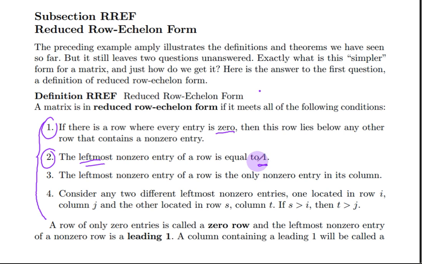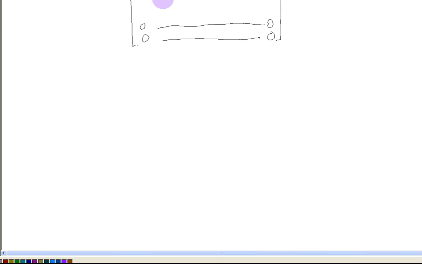So, for instance, if this first row has a non-zero entry, it's not necessarily the case that the first column has a non-zero entry, but if this row has a non-zero entry, the first non-zero entry must be a 1. And for any row I have here, the first non-zero entry must be a 1.